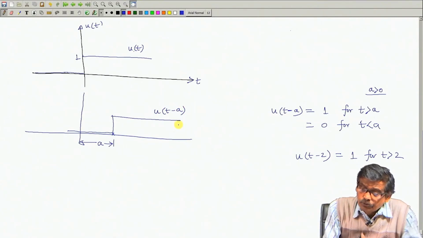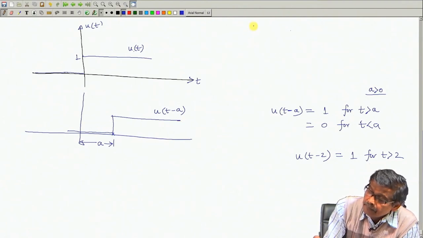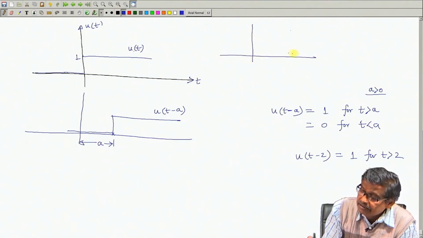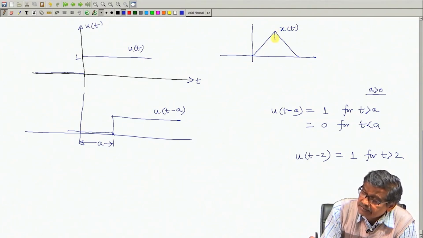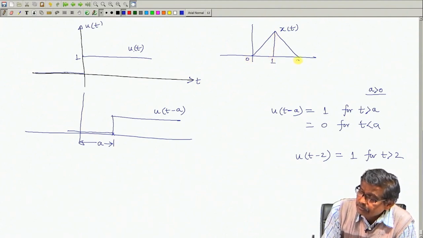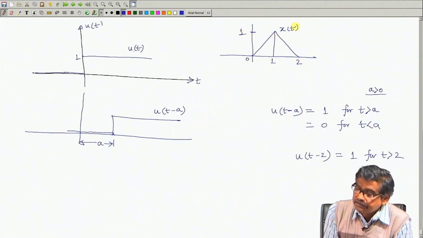And it is not only true for u(t), it is true for any function. For example, if you have a function like this, x(t), and this is suppose 0, this is suppose 1, this is suppose 2 and this is 1, a triangular pulse.